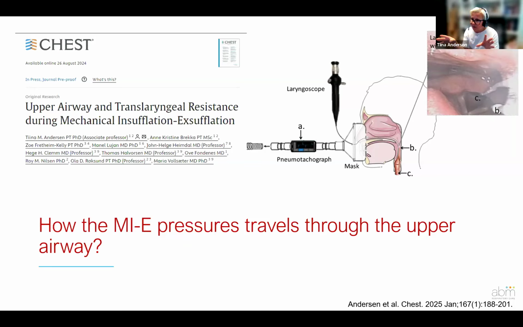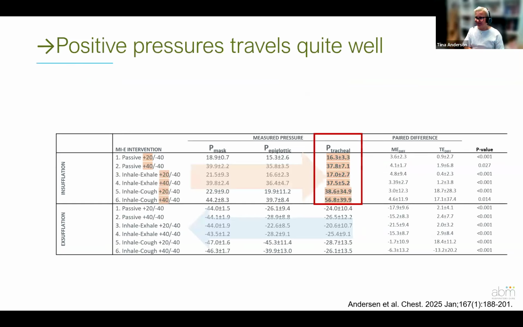And with this setup, we could describe how the treatment pressures are traveling through the upper airways, both from mask to epiglottis and from epiglottis to trachea. And we also could calculate the resistance in these areas.